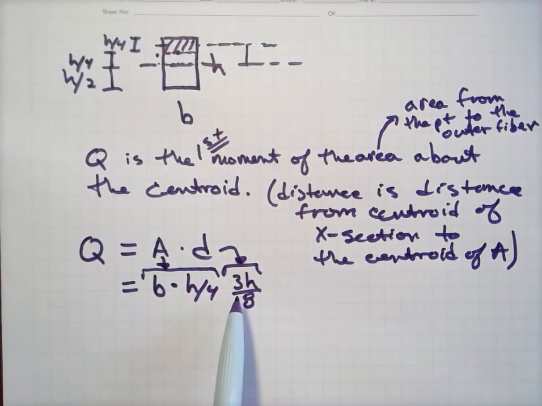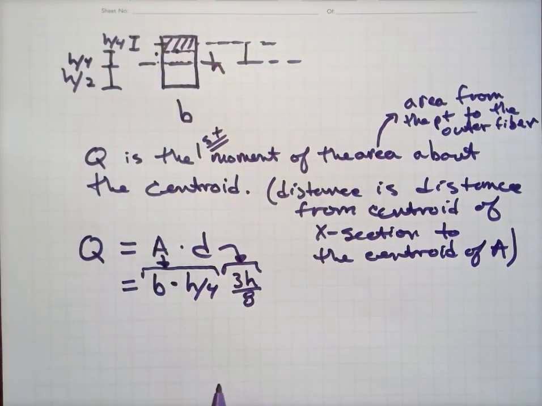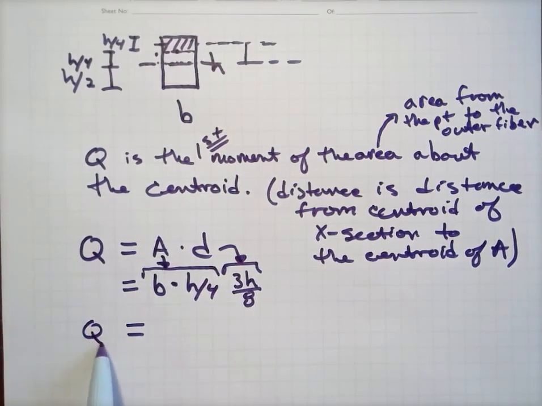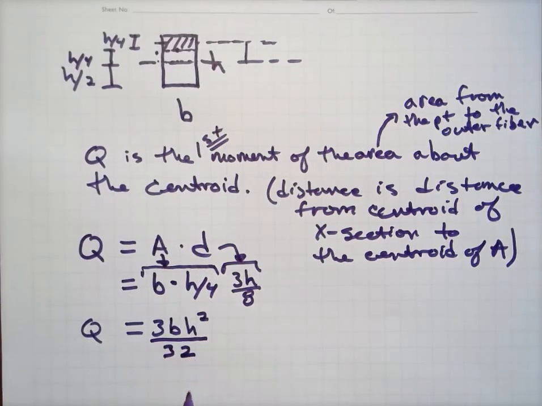Distance is D. And so for this one point on this rectangular beam, Q would be 3BH squared over 32. And that's only for that one point.